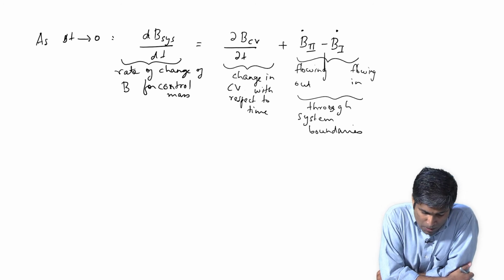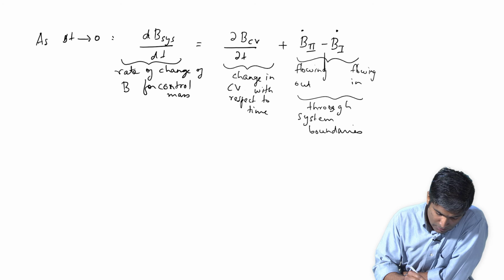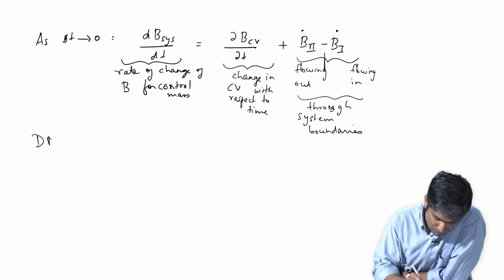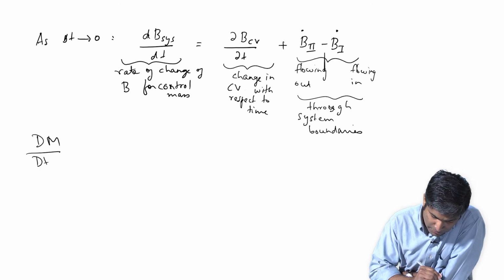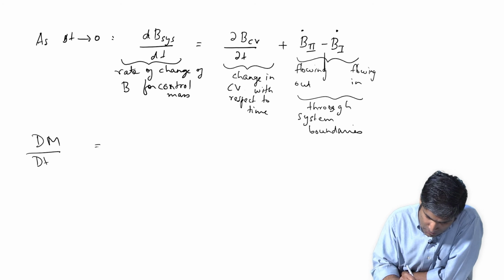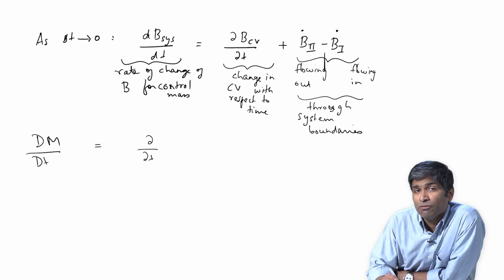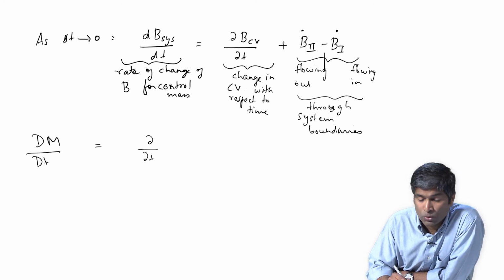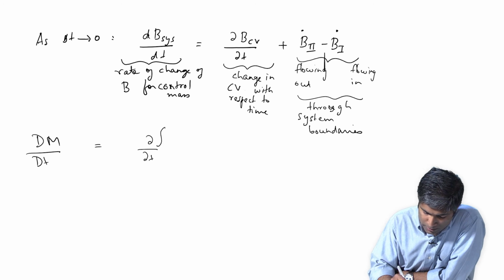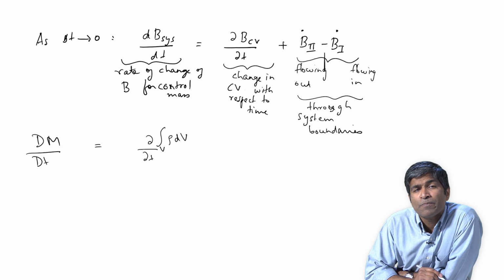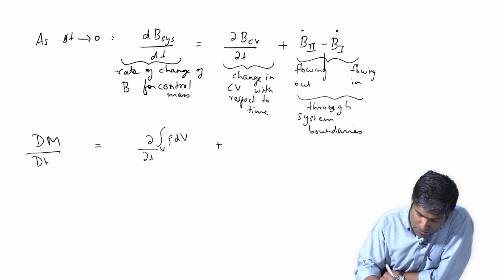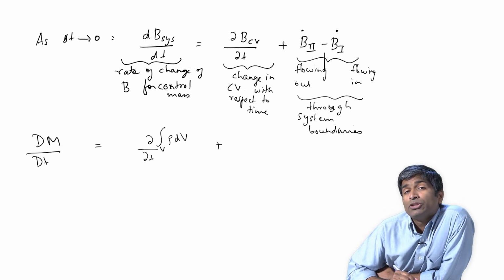If I were talking about mass, this would look like dm by dt on my left hand side. That should be equal to del by del t of my B for the control volume. So the mass in the control volume would just be the integral over the volume of rho dV, plus the rate at which mass is flowing out the system boundary.